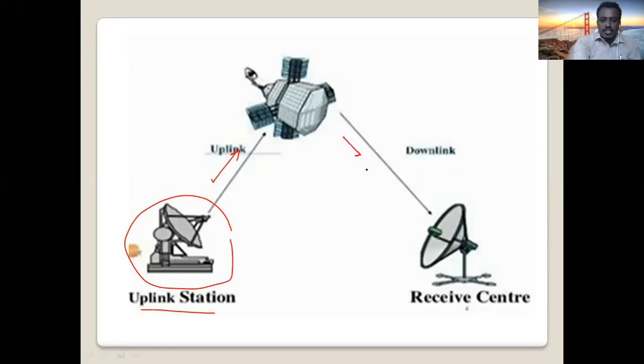So satellite communication has two Earth stations. The other station is designed and configured to receive information from the satellite. We call it the receiving station, downlink station, or receiving Earth station. You can call it by these names. That's how Earth stations are defined.